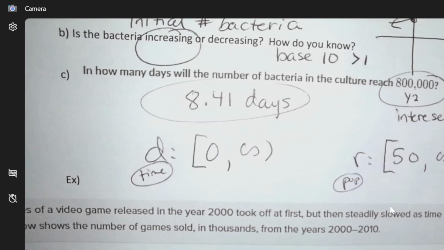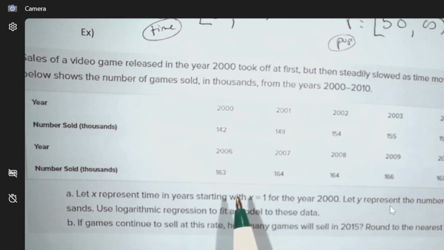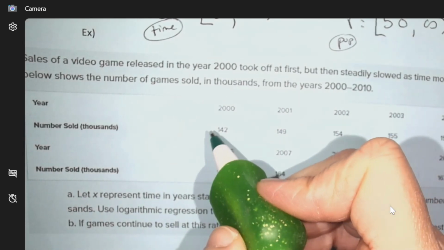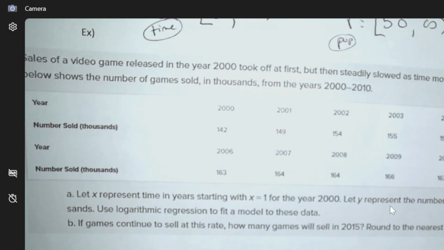Okay, and the last example here. We're doing video games released in the year 2000, and it steadily slowed as time moved on. The table shows the number of games sold in thousands from the years.